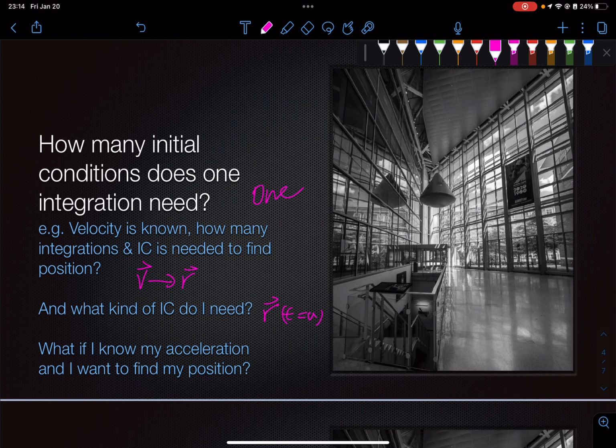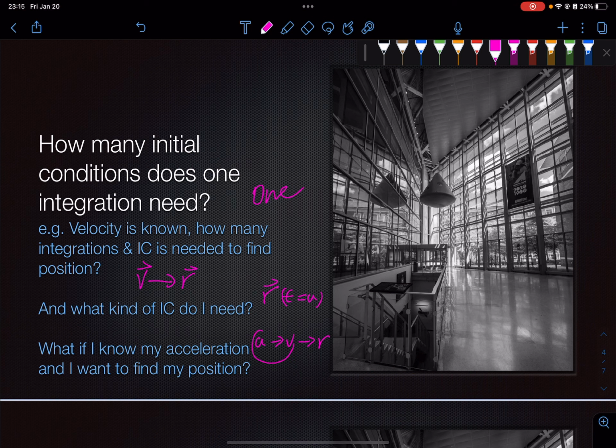Let's expand that idea a little bit. Now I'm going from acceleration to velocity to position. So now we have two integrations, which means I need two initial conditions.